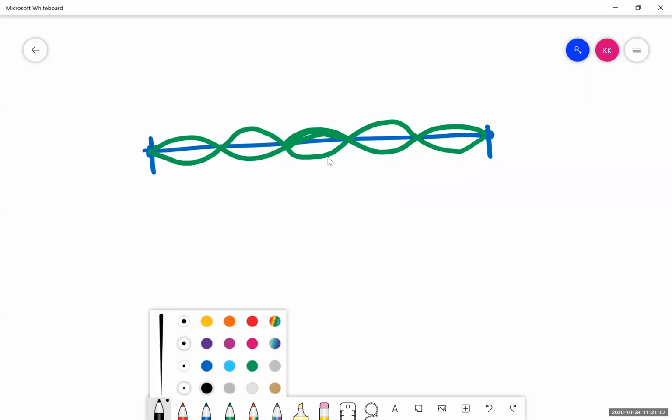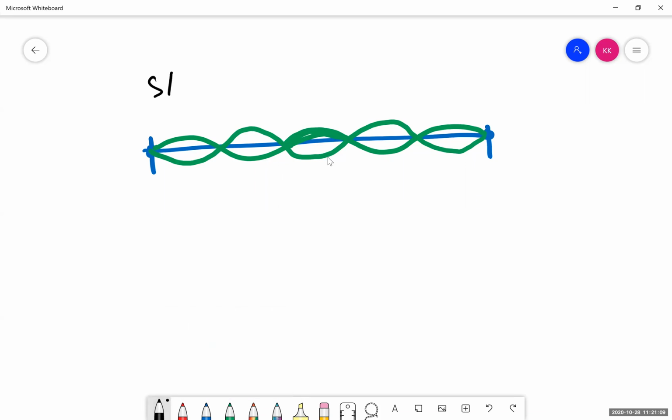So the standing wave has a string. First of all, it's transverse because it oscillates up and down relative to the direction of the wave motion. And one of the things we can do here is relate the wavelength to the velocity and frequency.